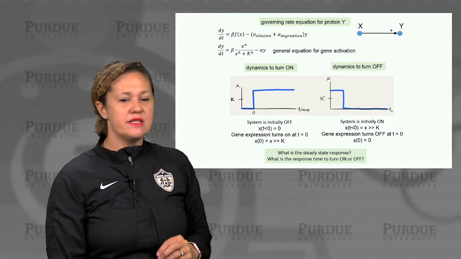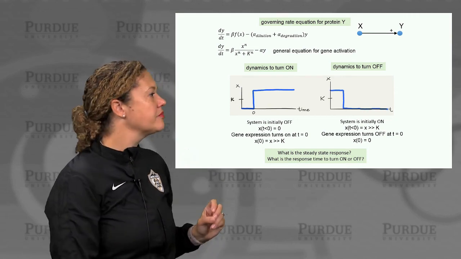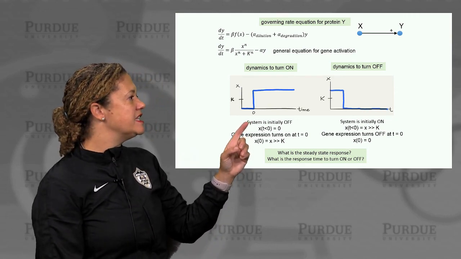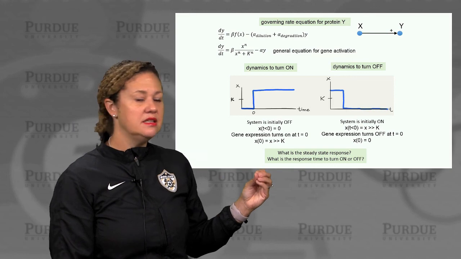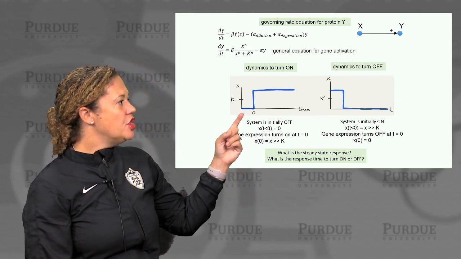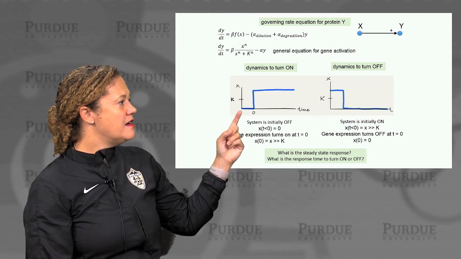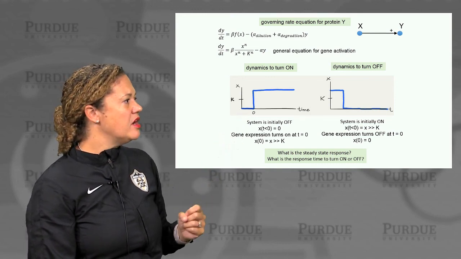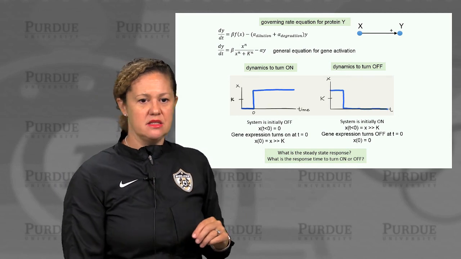So now we can ask, what are the dynamics of this system? And we're going to look specifically at the dynamics to turn the system on, where initially our system is off. That is, we have no transcription factor activator, it's at 0, and we also have no gene product Y to start with.